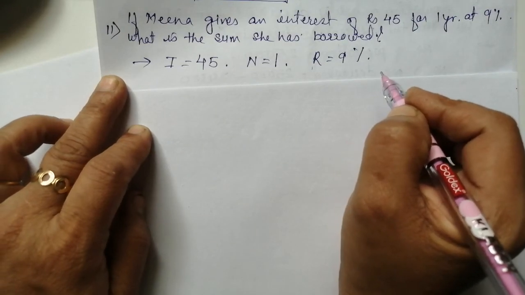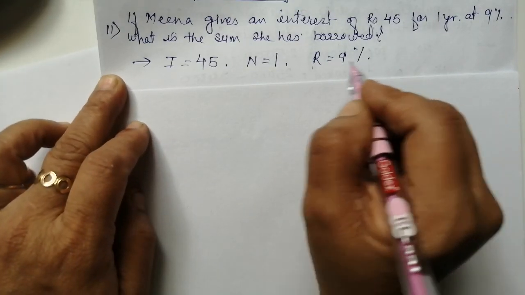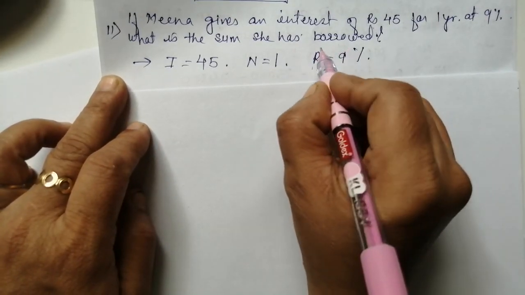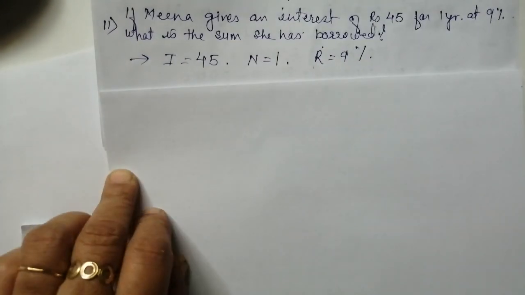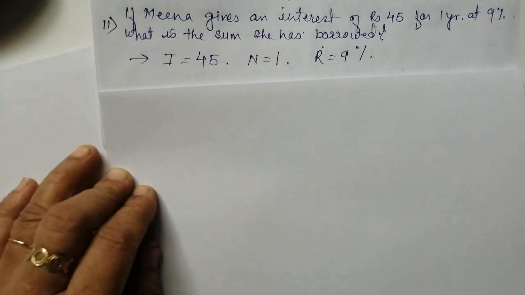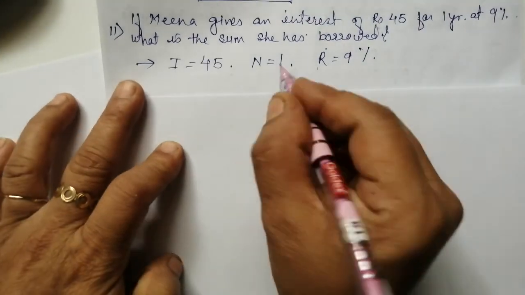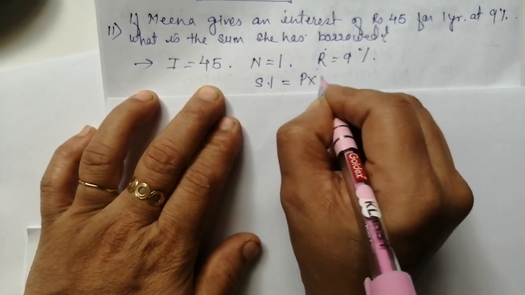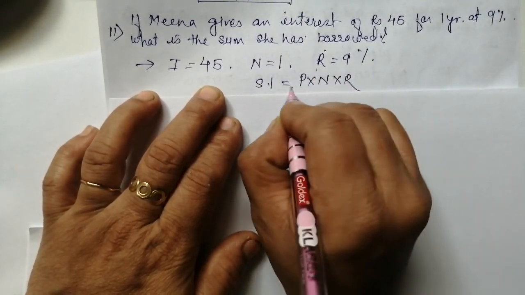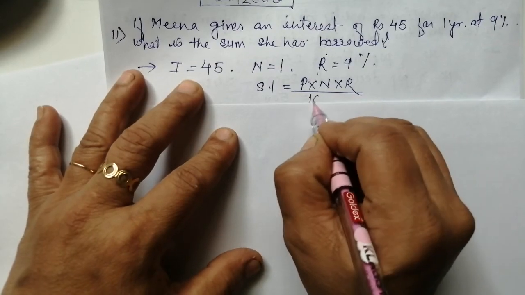Now by using the formula of simple interest, you can calculate the amount she borrowed. The amount P you will get as 500 rupees. Just fill the amounts in the formula.